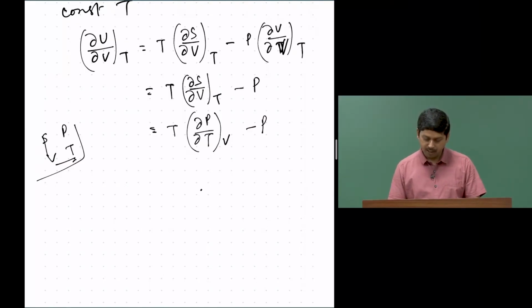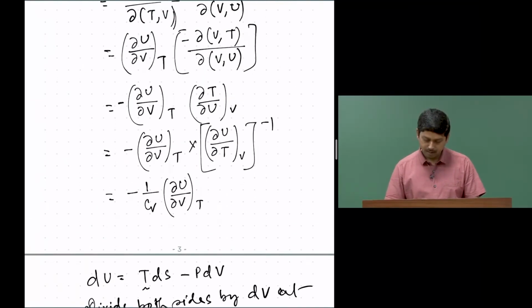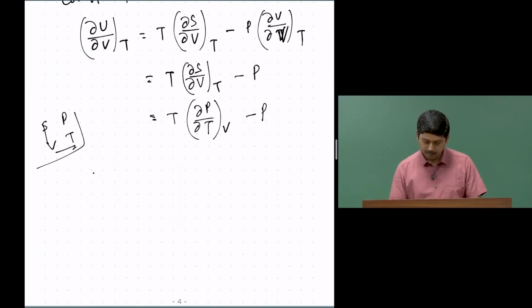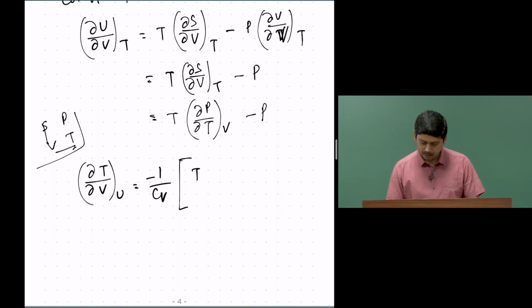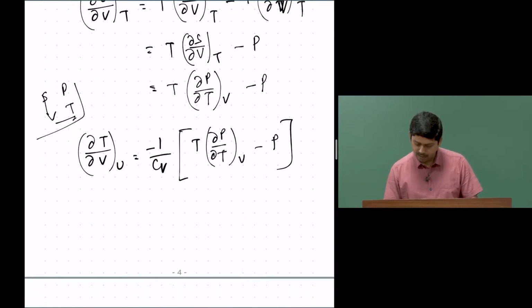So, now if I just write my del t by del v at a constant u, I have already got minus 1 by C v times t del p del t at constant v minus p. Now, I have to prove that this quantity t del p del t v is equal to alpha by kappa t.